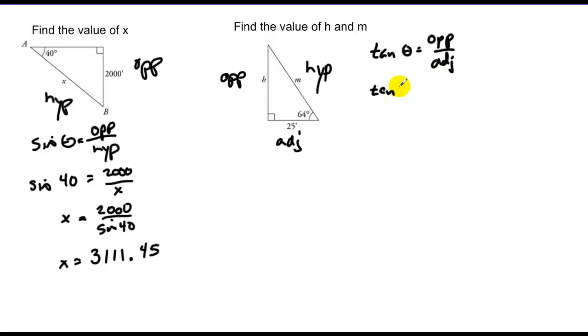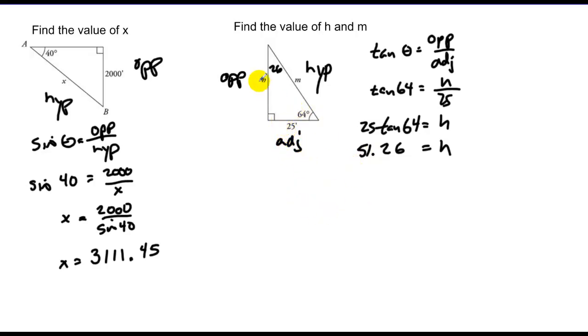Therefore, the tan of 64 is equal to the unknown h over 25, and 25 tan 64 is equal to h, which gives me about 51.26 for the h value. And that also makes sense because this angle is roughly 26, so that's bigger than the side of 25, 51. Therefore, my hypotenuse better be bigger than 51.